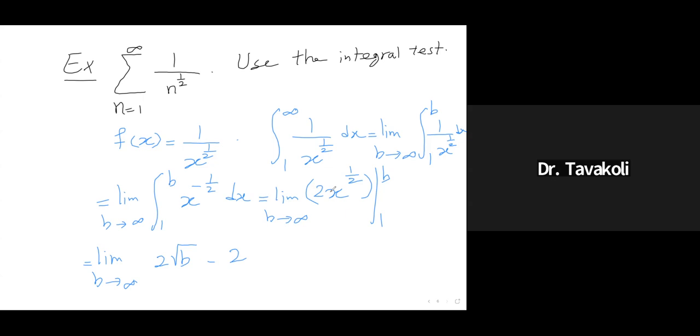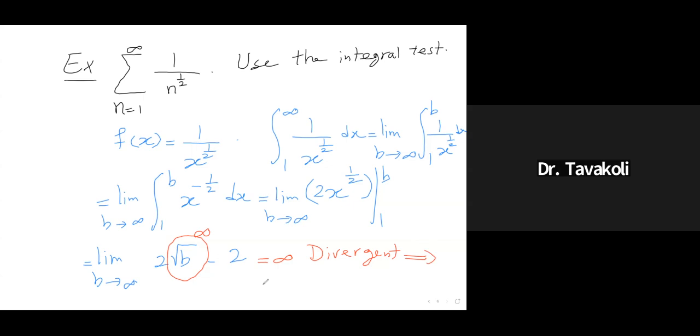When b tends to infinity, radical b is going to be infinity, right? So radical infinity is going to be infinity. And 2 times infinity minus 2 is infinity, meaning that the integral is divergent.